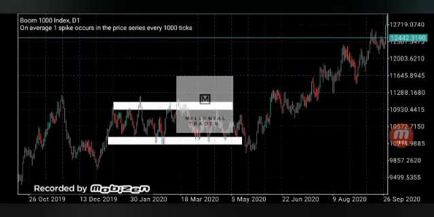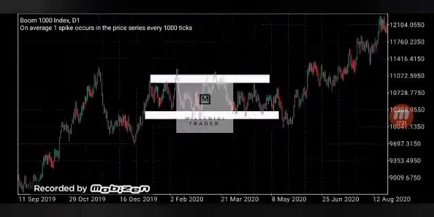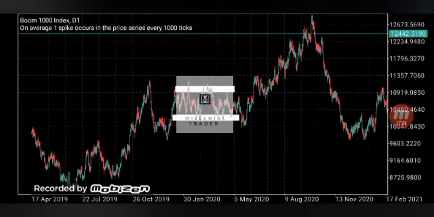Each time the market goes up into the area of resistance, it comes back down to our horizontal support, then goes back up, then comes back down. Basically the market is making these wavy movements. When you see this on the chart, that means the market is in a range, and this is the definition of a ranging market.